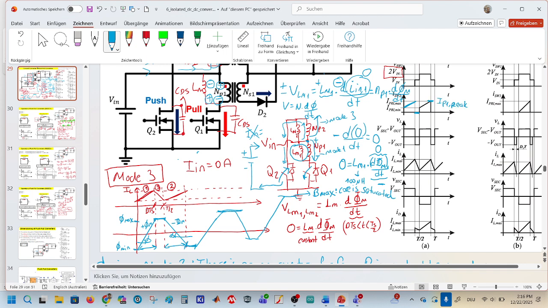And we should always monitor these two currents here. They should be equal and they should be limited with a maximum value. And this is a little bit complicated with push-pull converters if you compare it with the forward converter.